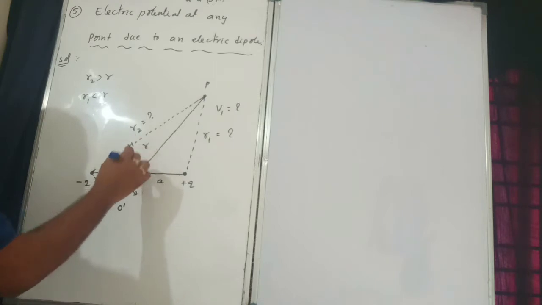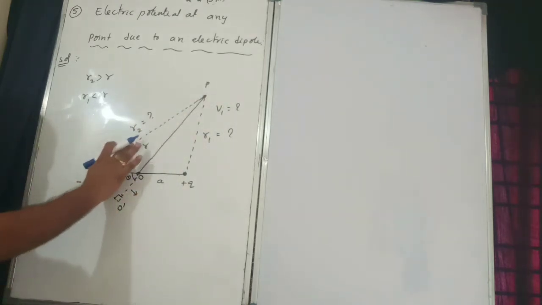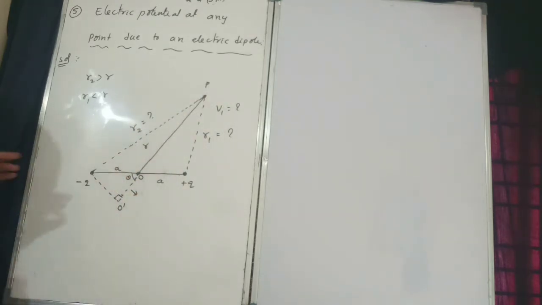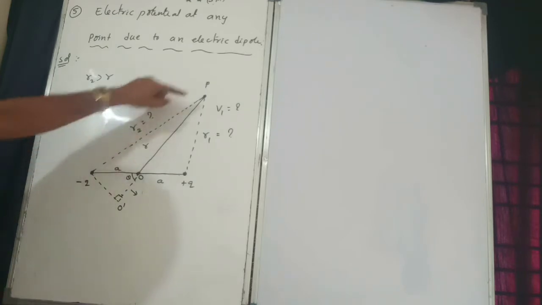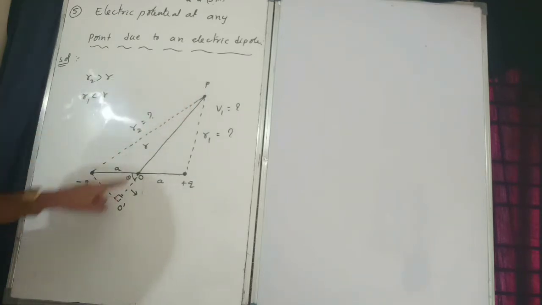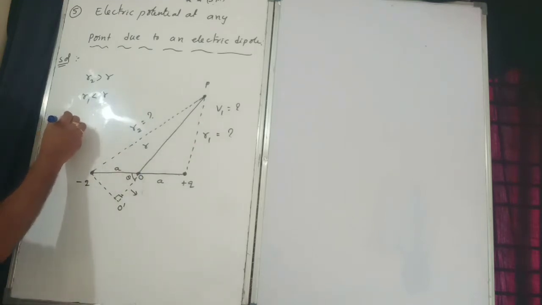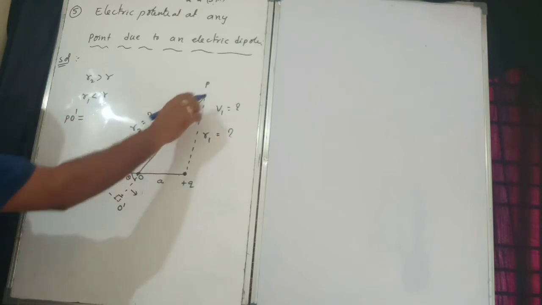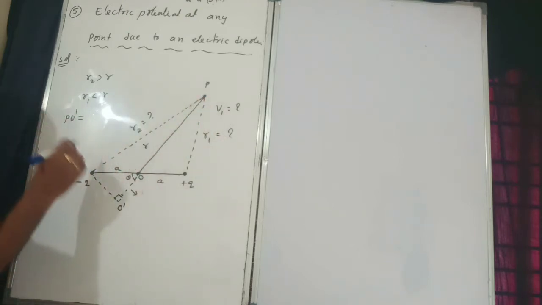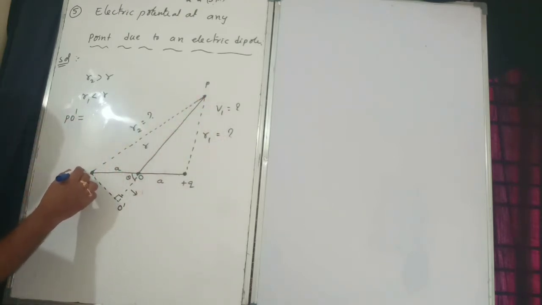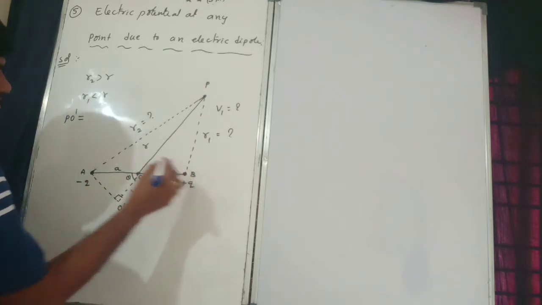Now R2 and this distance both are the same. Both are equal distance. Which one? R2 and now total distance P2 P dash. P O dash is equal to P to Q. I will give here A point, this is the B point.